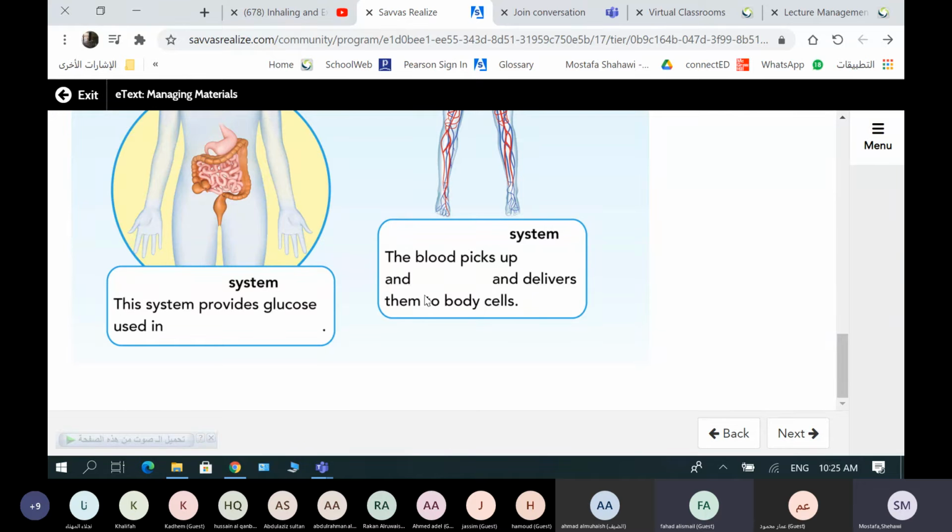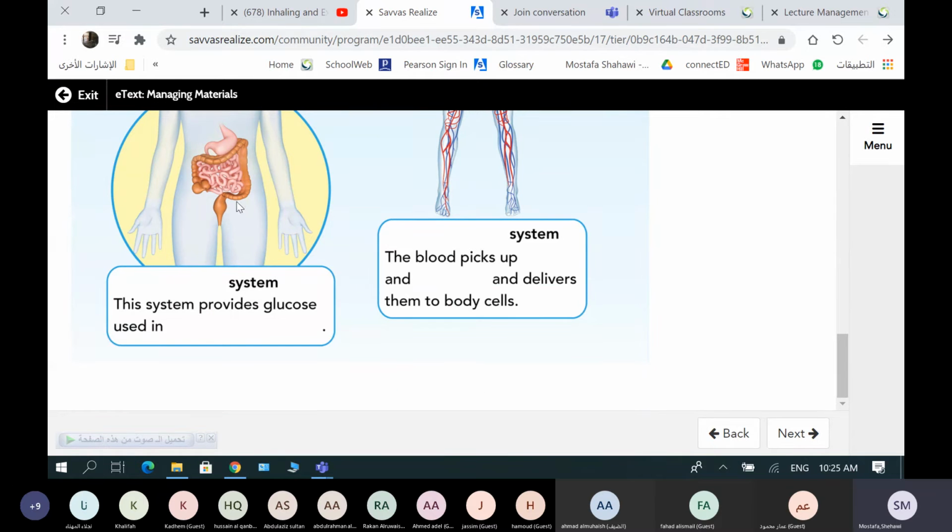Bravo. And what will deliver them to the body cells? Oxygen. Bravo. Nutrients and oxygen, and delivers them to body cells. That's it. So the circulatory system picks up nutrients and oxygen and delivers them to body cells.